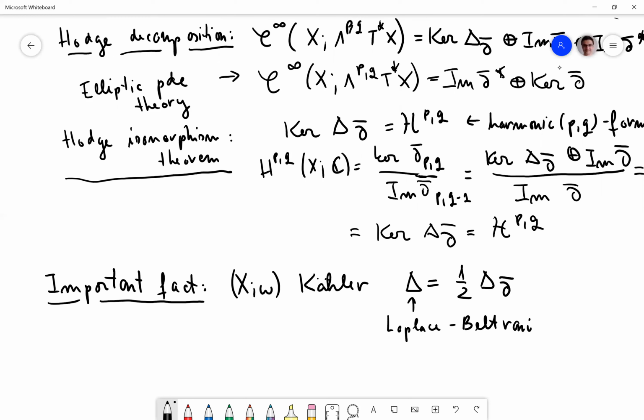So let me expand a little bit about what this really means. As you know, the Hodge Laplacian acts on real k-forms of X, to be precise, smooth sections of a bundle; it's not a bundle morphism.